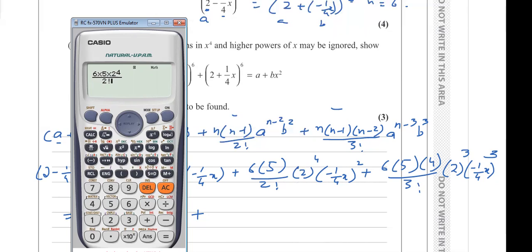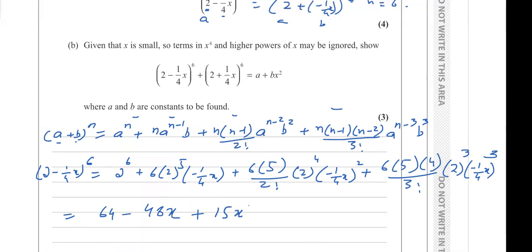When I take minus 1 over 4 squared, it will become 1 over 16. So multiply by 1 over 16. That will make 15. So I can say it's 15x square.